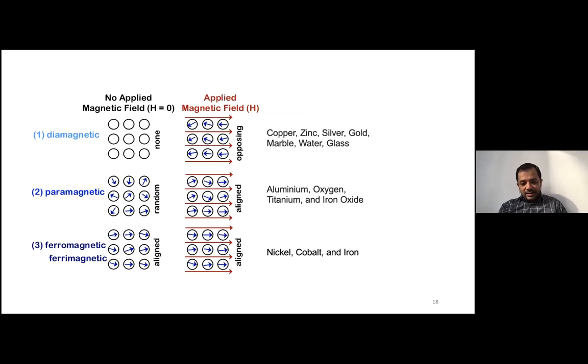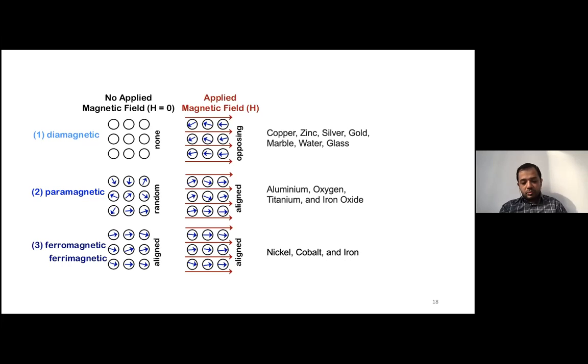So diamagnetics are those that are repelled by the magnetic field. They have no unpaired electrons, and therefore are unaffected by the strength of the magnet, such as copper, zinc, silver, gold, marble, even water and glass. So these are diamagnetics. Now, paramagnetics are attracted by the magnetic field.